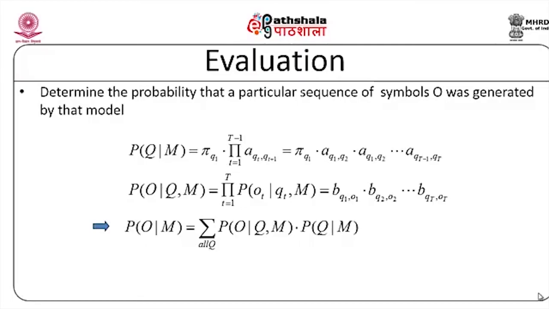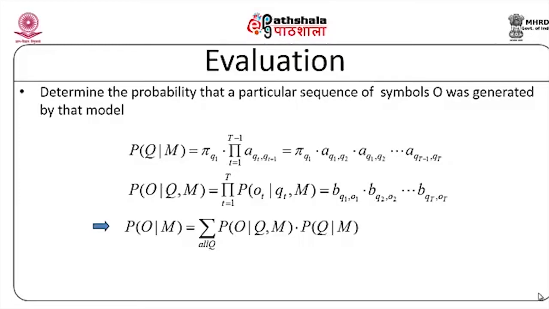Initially you start with the initial probability pi of Q1, then for t equal to 1 to t minus 1, you look at the transition probabilities a from Qt to Qt plus 1. That is pi of Q1 times a, the transition probability from Q1 to Q2, Q2 to Q3, and so on up to Qt minus 1 to Qt.